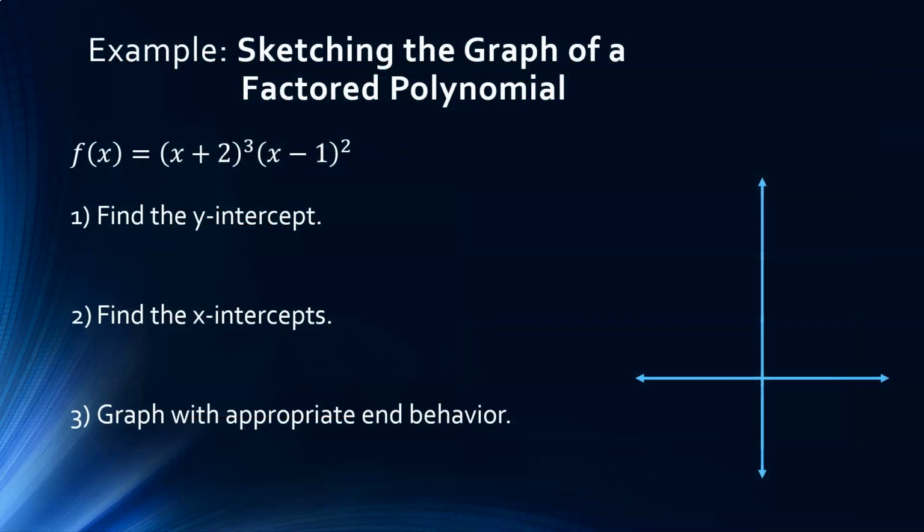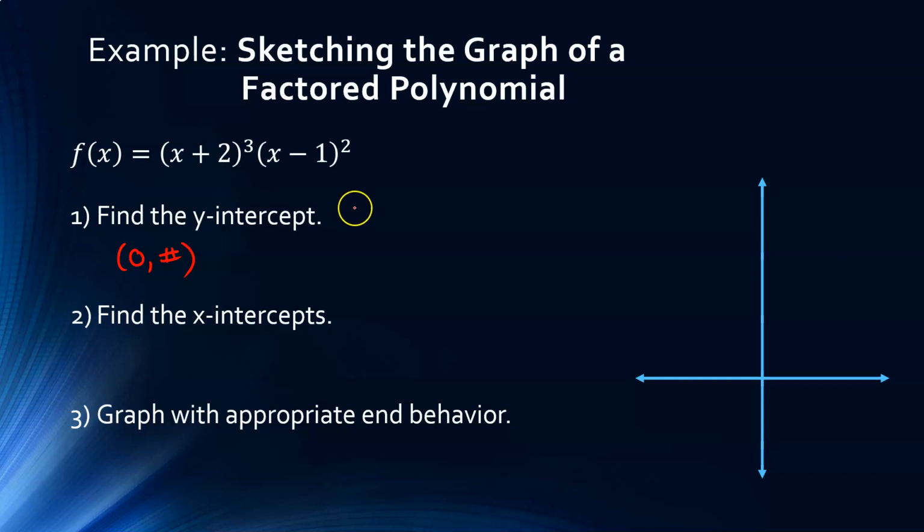All right, so let's look at this one. Again, it's all in factored form, so you don't have to worry about doing too much work here. The only work that we're going to have to do is for the y-intercept. Remember, the y-intercept is when x is 0 and y is some number. So to figure out what the y-intercept is, we have to put 0 in for x.